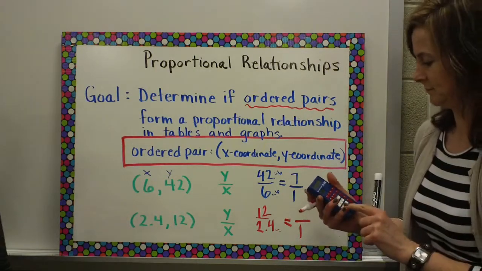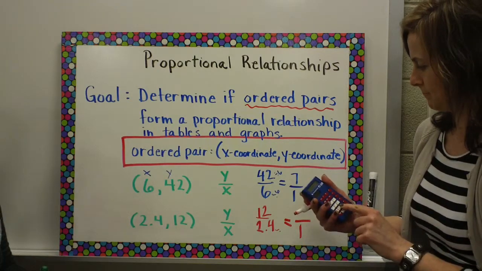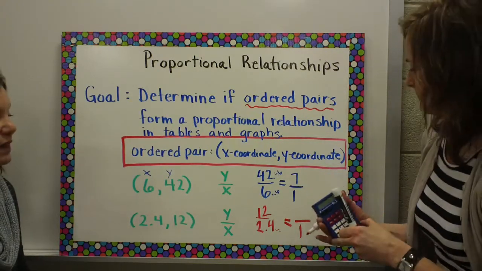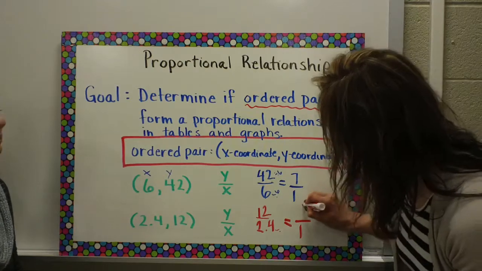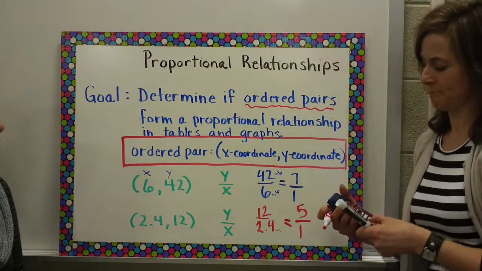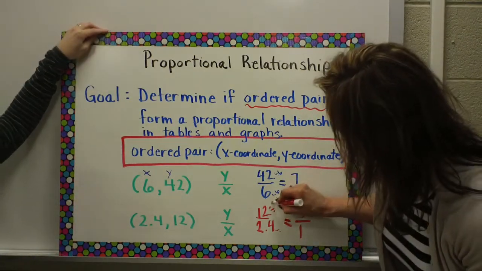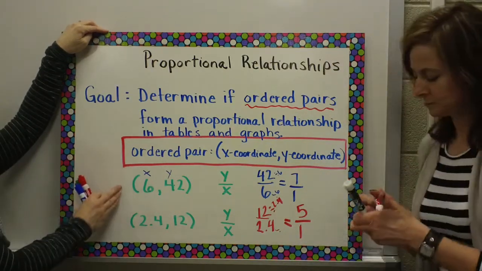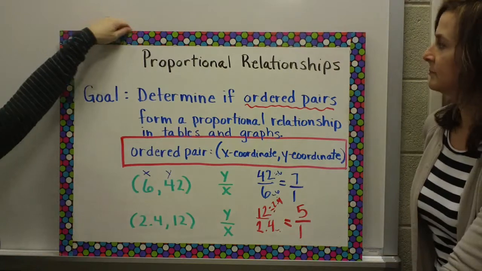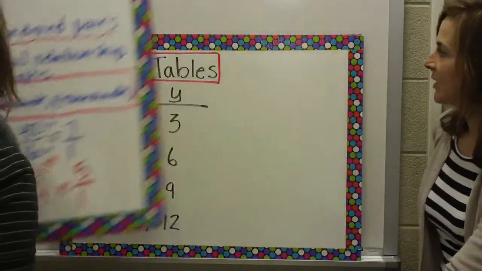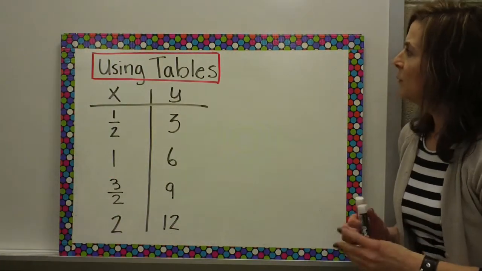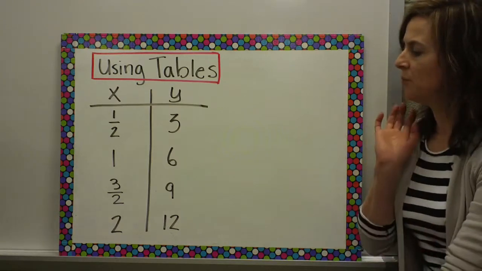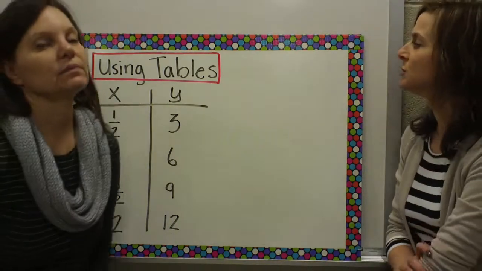Remember that if there are numbers that you would like to use a calculator for when you're finding the unit rates, you may do so. Now that we have a reminder about what ordered pairs are with our x and y coordinates, we'll move on to a table.